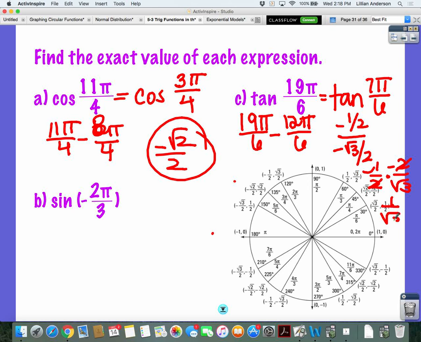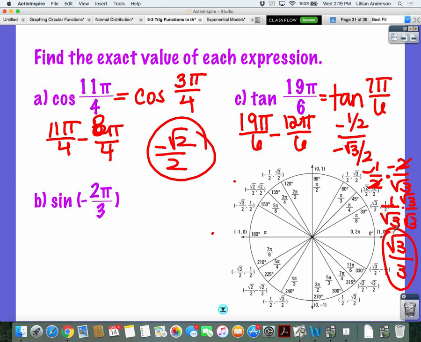Can I leave this the way it is? No. How do I fix it? I do what? Multiply. So my final answer for this one is square root of 3 over 3. Yes, this one will take a little bit of time, but the more you do these, I'm telling you, the easier it becomes. You're going to even still start to recognize a pattern with your exact values, guys.